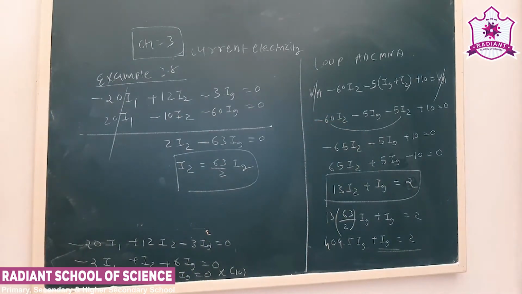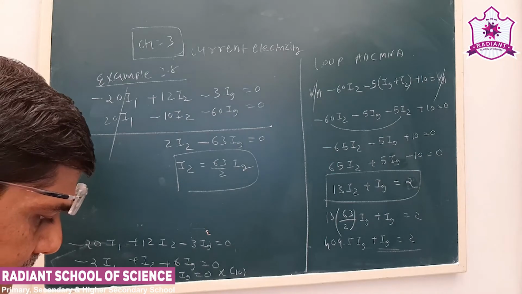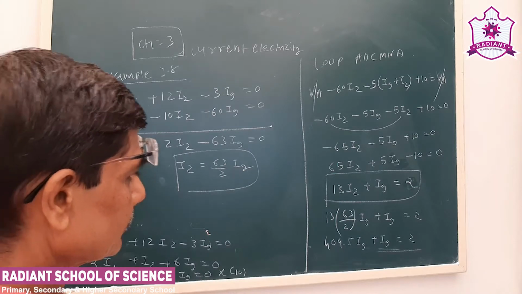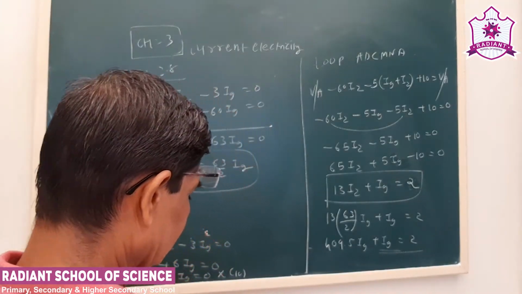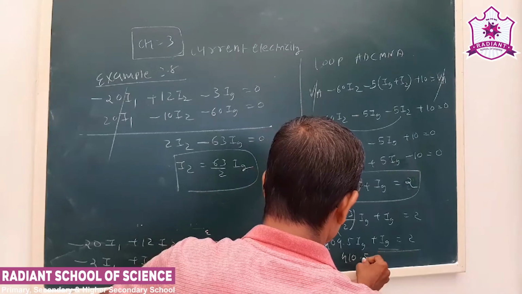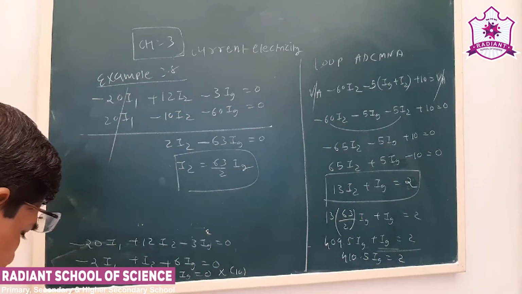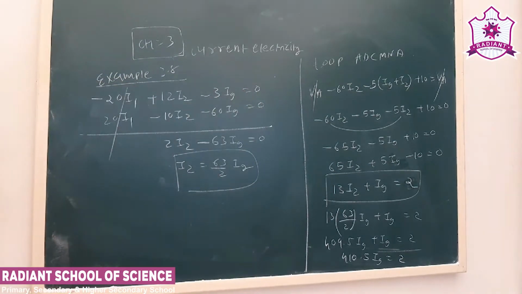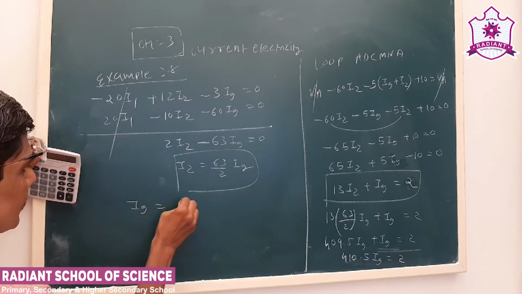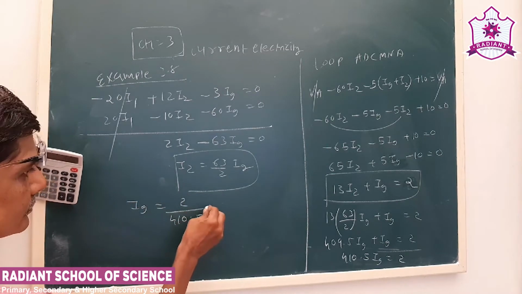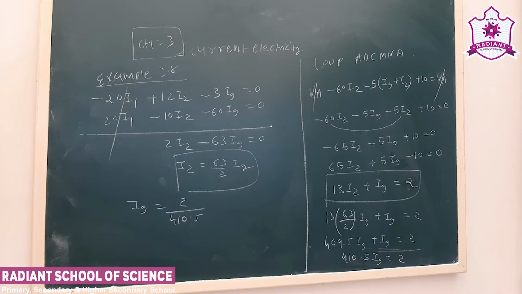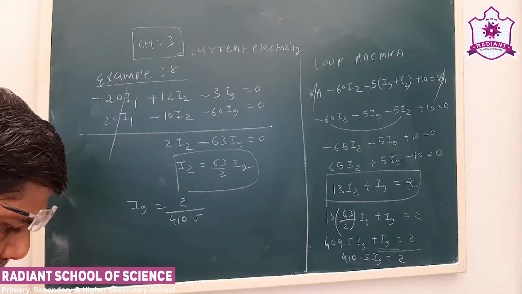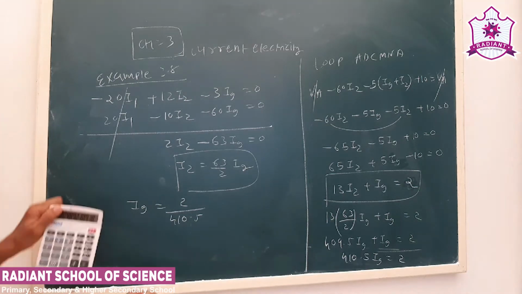13 into 63 divided by 2, plus 1. So I2 we can obtain. IG is 2 upon 4110.5.